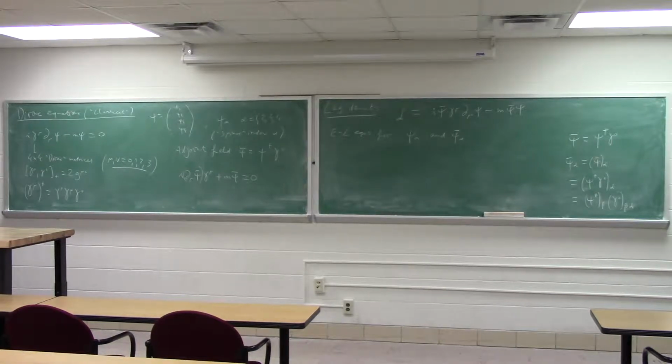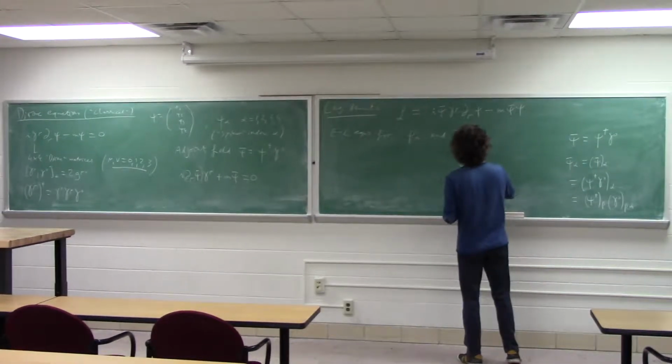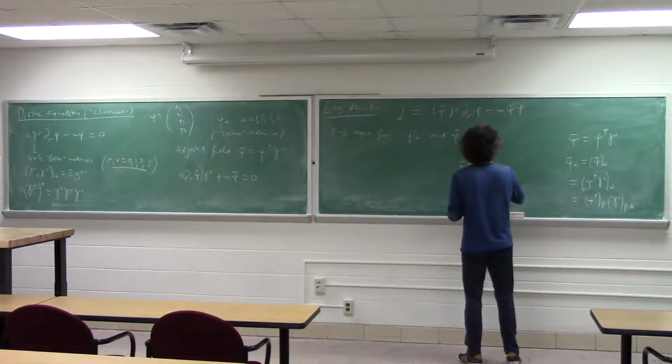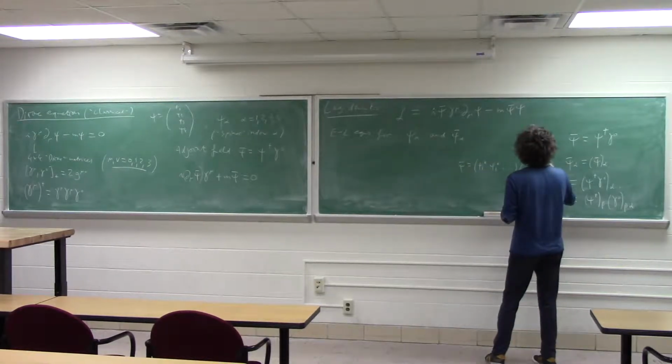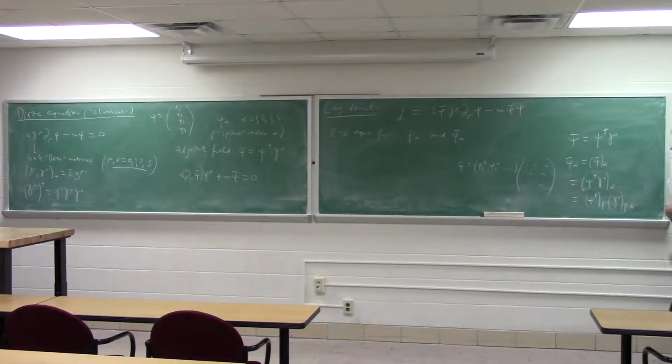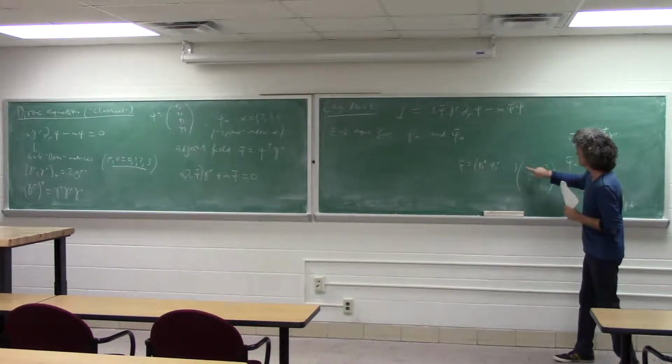I hope I've got that right. So psi bar is a row vector times a 4 by 4 matrix, gamma 0, and so I'm summing over the entries here, multiplying by the row index here.